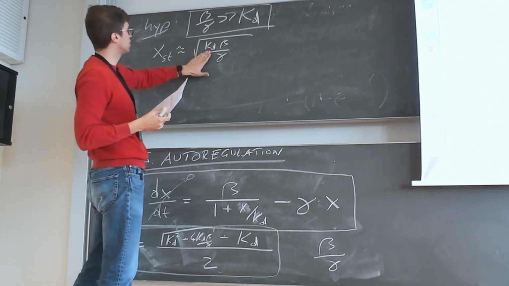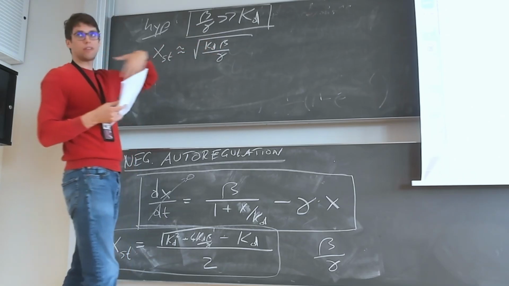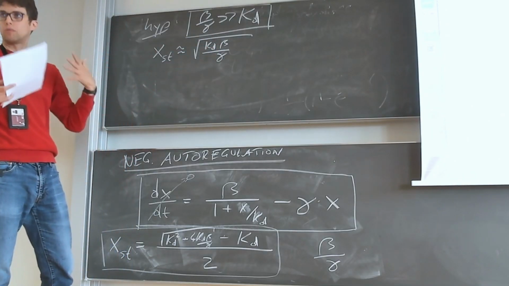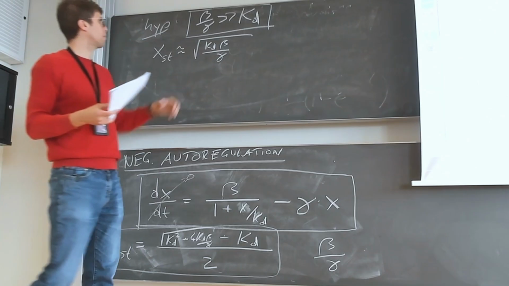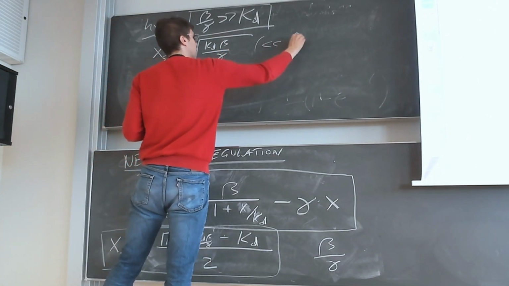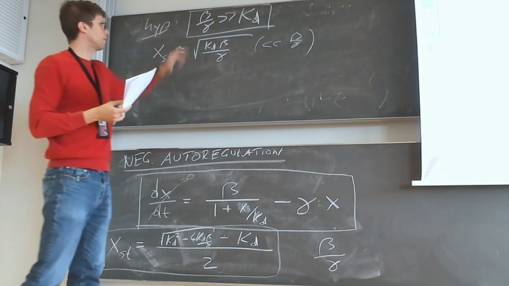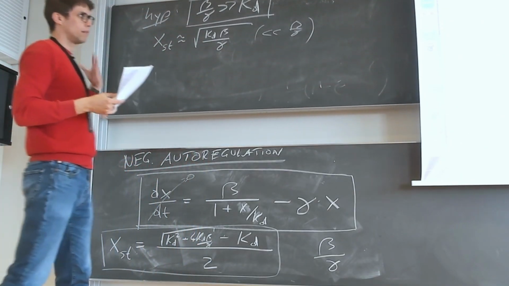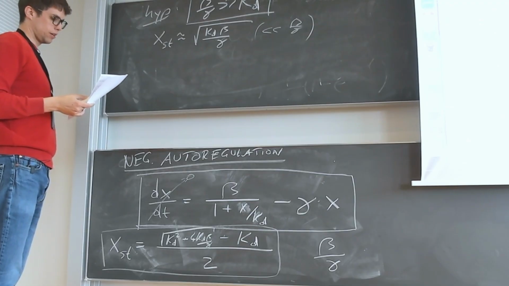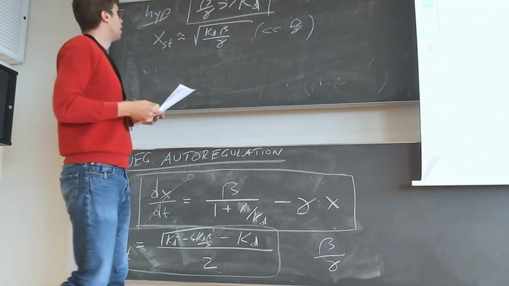So if you replace this kd by beta over gamma, you would have beta squared over gamma squared, and you take the square root, which would give you back beta over gamma. So this is much smaller. This is why it makes sense to talk about this as the high negative autoregulation regime. Okay.